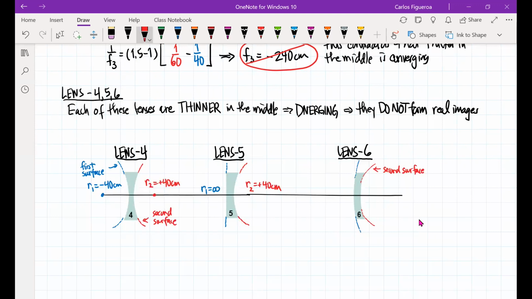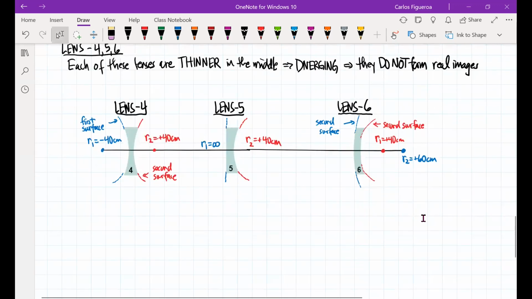You could see that R2 is smaller than R1. So this guy tells me that R1 must be positive 40 centimeters. Again, this is our second surface, and R2 is going to be positive 60 centimeters.